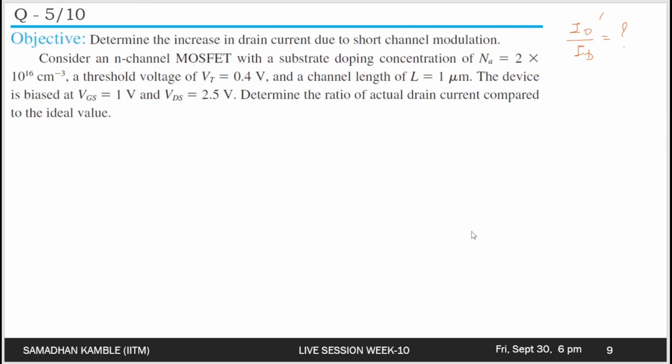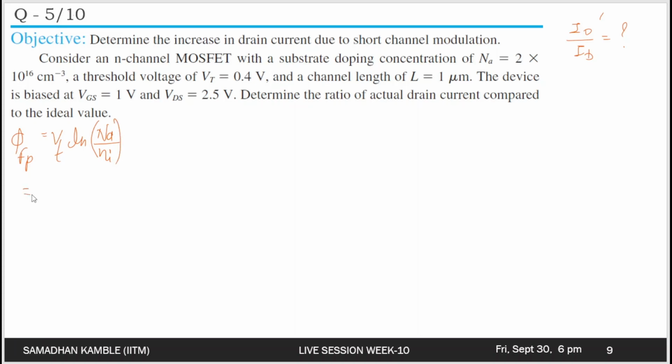So again, we need different parameters to be put in the expression for delta L. So let us first find out those parameters. One of them is phi fp, and we know that phi fp is given by Vt ln of Na by Ni.